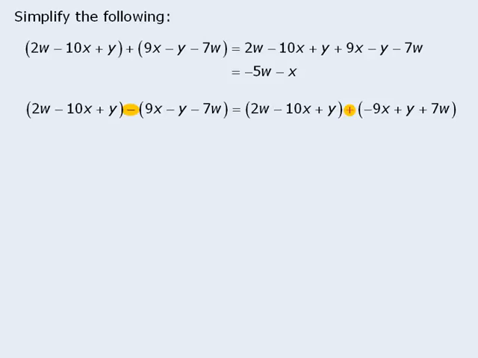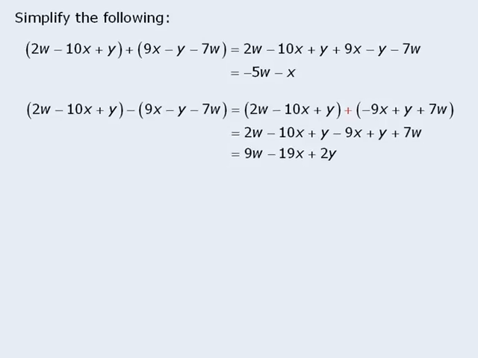So we will rewrite 9x as negative 9x, minus y as plus y, and minus 7w as plus 7w. At this point, we are now adding two expressions in parentheses, just as we did in the last example. So here we simply remove the parentheses. At this point, we can simplify the expression as follows.